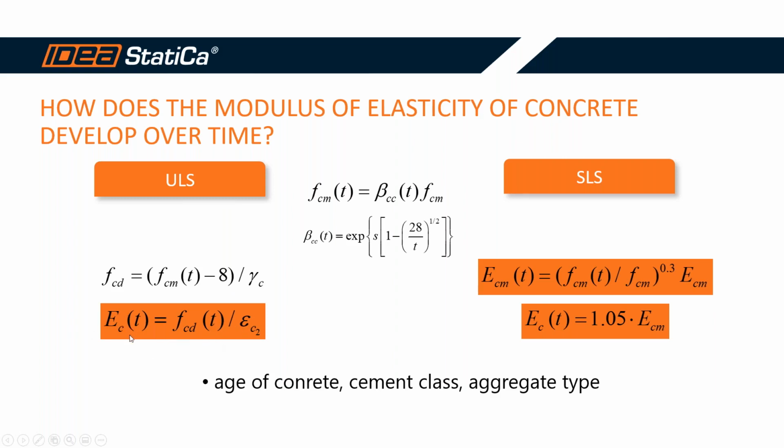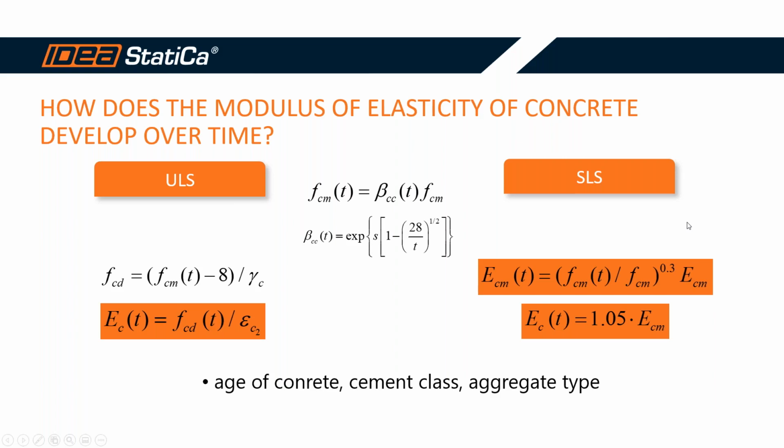And the resultant modulus of elasticity is calculated by this formula, where the specific concrete strength is divided by this strain epsilon C2 or C3. It depends on the type of stress strain diagram, which is the strain reaching the yield point.